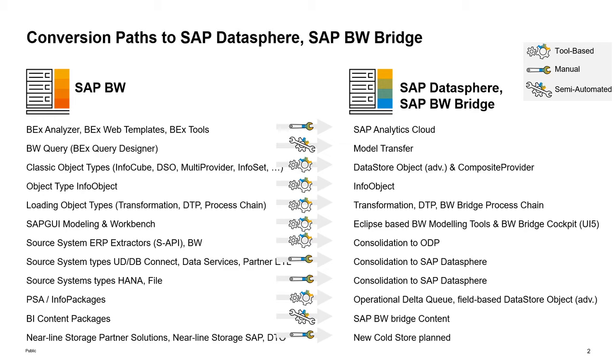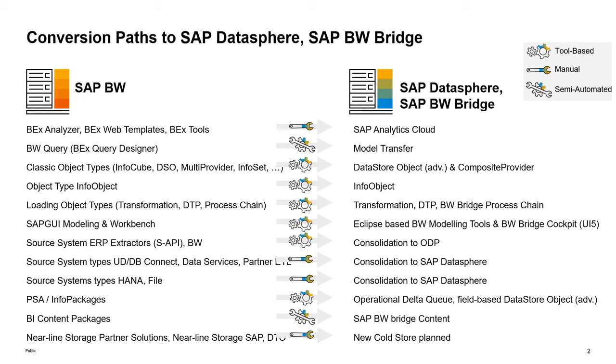When we look at source system types like UD Connect or DB Connect, Data Services, etc., that is a manual shift because those will point to the core Datasphere layer. So we now need to set up the connectivity for those objects to the core Datasphere, and we would look to load them into a space that we then also give access to the BW Bridge space so we can combine artifacts.